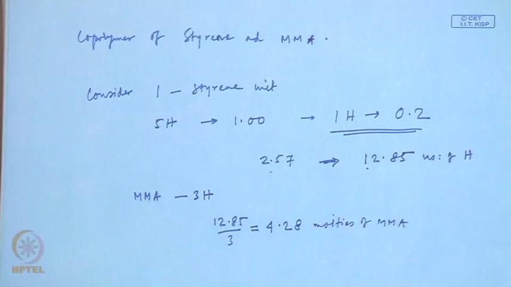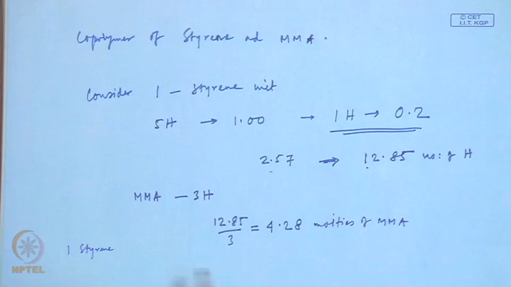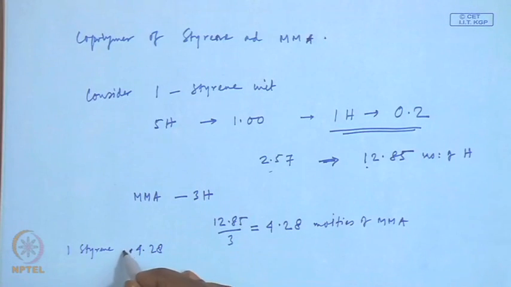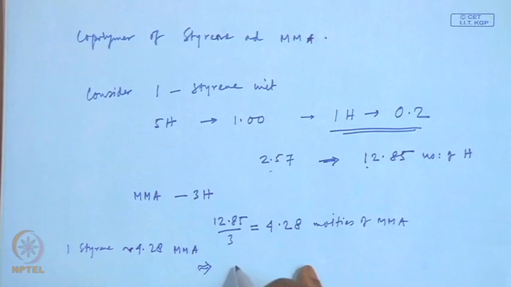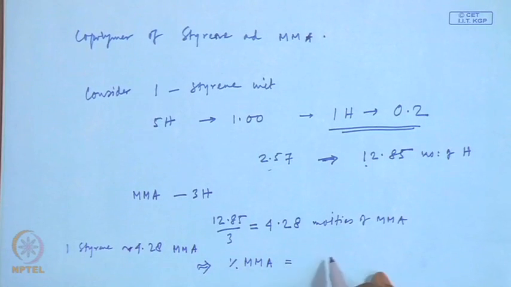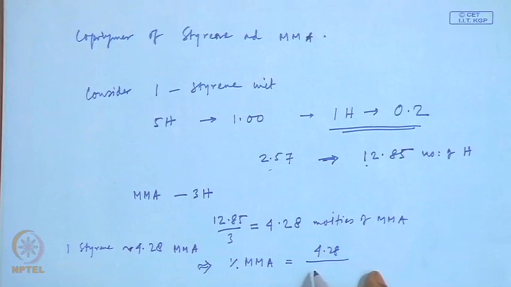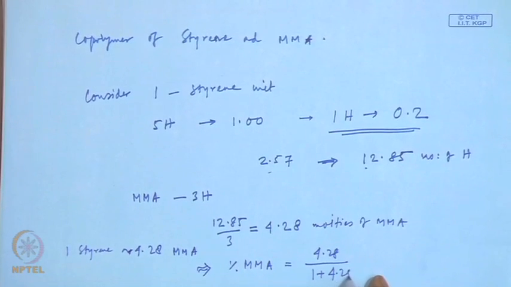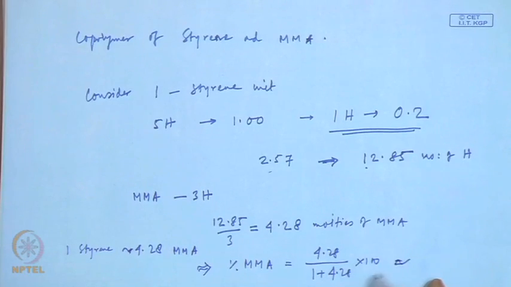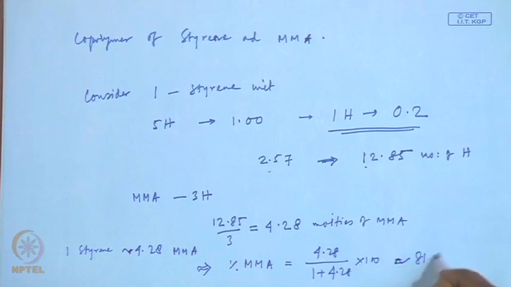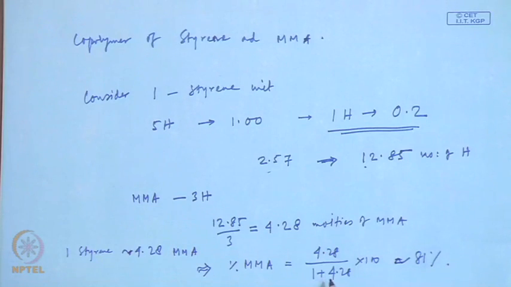So, this spectra corresponds to 1 styrenic moiety and near about 4.28 MMA moieties, which means the composition percentage of MMA is 4.28 over 1 plus 4.28, into 100, which gives around 81%.